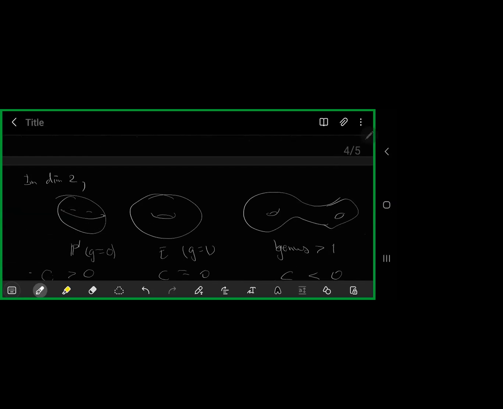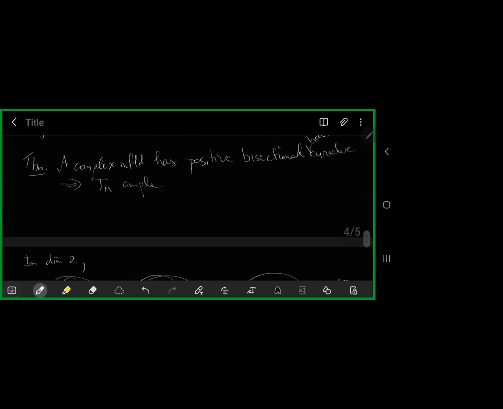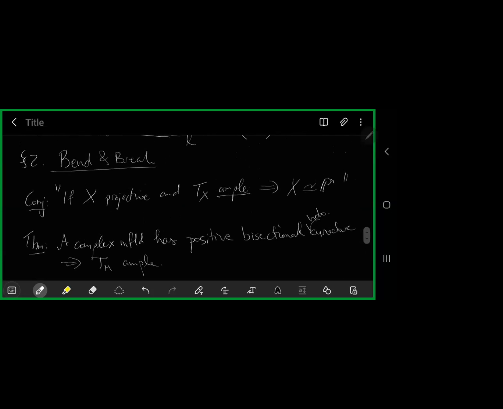So the more P1s we have inside our space, the more restrictive the curvature should be. Therefore, we might be able to say that if we have lots of P1s in our space, then in fact the geometry of X is very rigid. And hopefully we can show that then X actually has to be Pn.